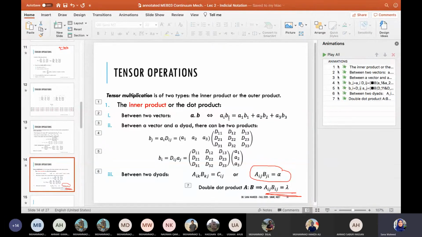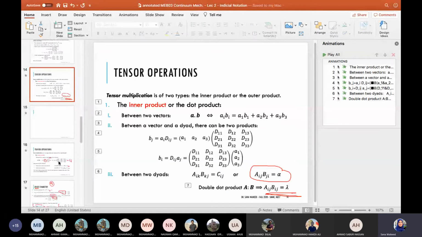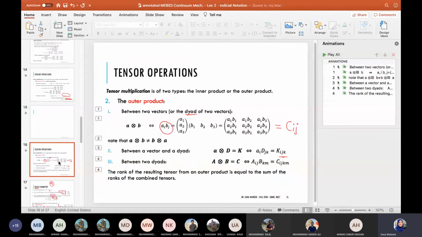So for example, here i is a dummy index. So this means that in the inner product you get either the same rank of the product or a rank which decreases. Whereas then we have the outer product, in which the rank of the product increases.